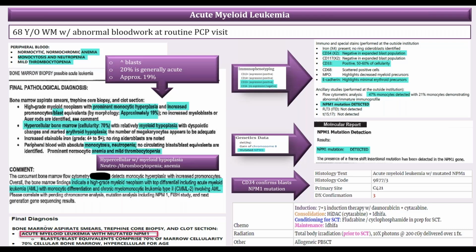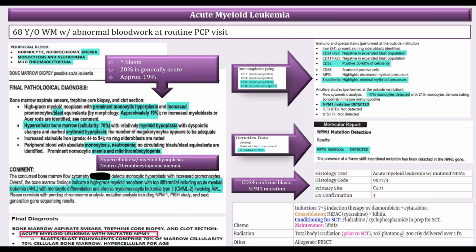Comment states that the differential is AML with monocytic differentiation or chronic myelomonocytic leukemia type 2 involving AML, or in that blast crisis phase. Immunophenotyping showed CD34 negative, CD33 positive, which are indicative of AML, and genetics did show an NPM1 positivity.